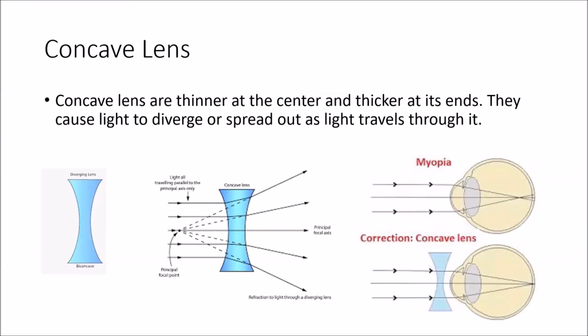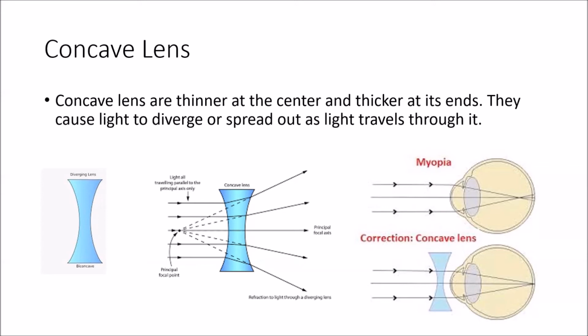Okay, the first type of lens we're going to talk about is called a concave lens. We also call them divergent lens. The reason why we call it that is because as light passes through it, it's going to cause the light to basically separate or to spread out.